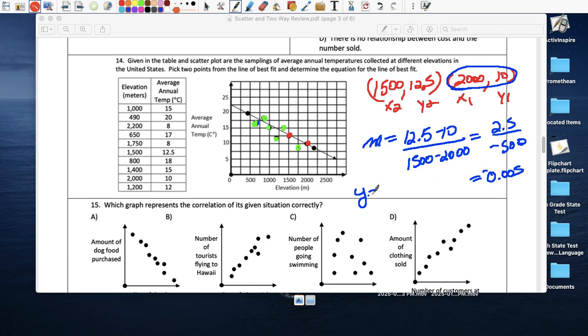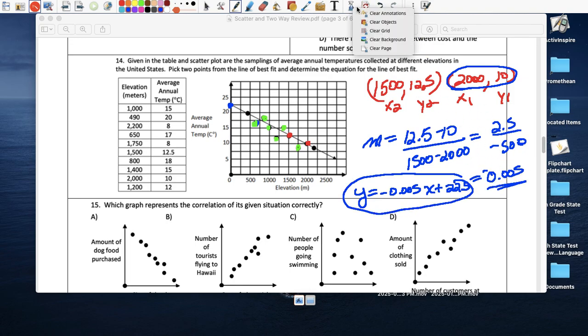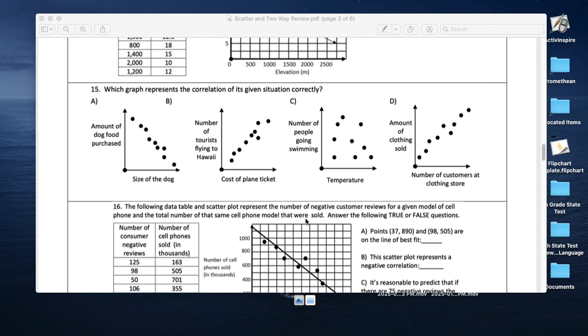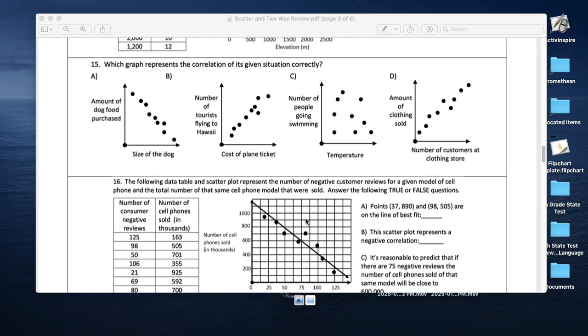So y equals negative 0.005x, and then plus our y-intercept. Guess what? We have it. Y-intercept is right here. And that's between 20 and 25, which is 22.5. So that's our final answer. Sorry, I made a mess of this question. But that's our slope, by the way, which represents the correlation of the situation correctly.